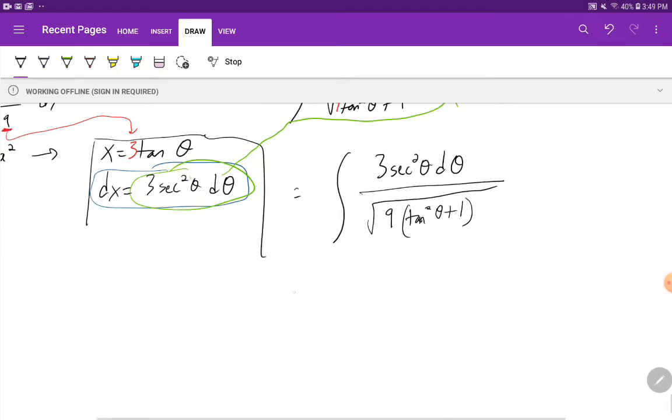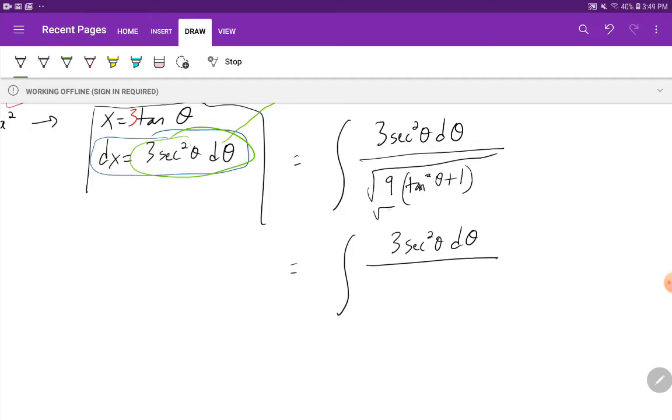We do a little bit more simplification. We get the integral of 3 secant squared theta d theta. I'm just going to leave the top alone. On the bottom, I have 2 square roots, right? I have a square root of 9 and then a square root of tan squared theta plus 1. Well, if we know our trig identities, we know that that's equal to secant squared theta.